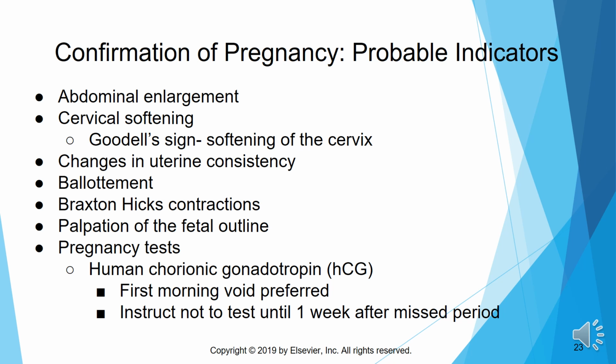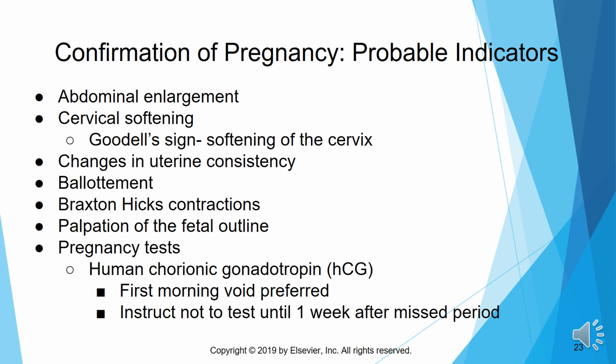Pregnancy tests are a probable indicator. I actually think these are kind of more on the serious side of things. Like I think I would take that at face value. But there is a chance for false positives. There's more of a chance for false negatives. But when we test at home, we are testing for that HCG, or human chorionic gonadotropin.